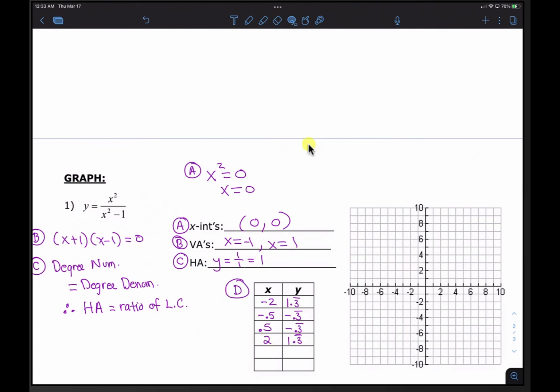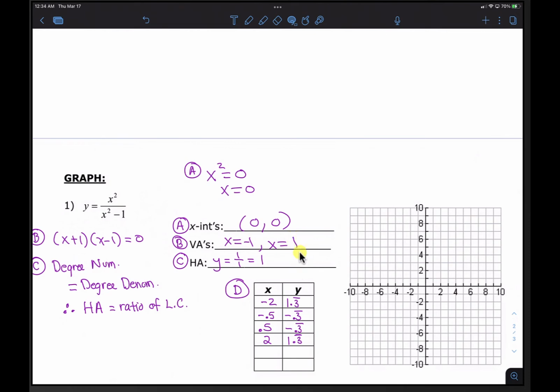And then in step D, we fill in our table. Now we want to choose numbers that are around the x-intercept of (0, 0), but also around our two vertical asymptotes. So numbers that are close to the vertical asymptote of negative 1 would be negative 2.